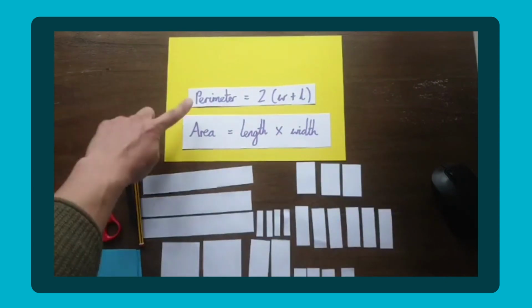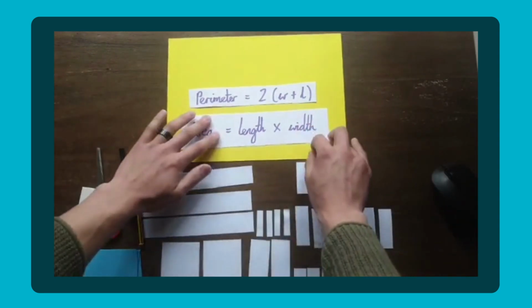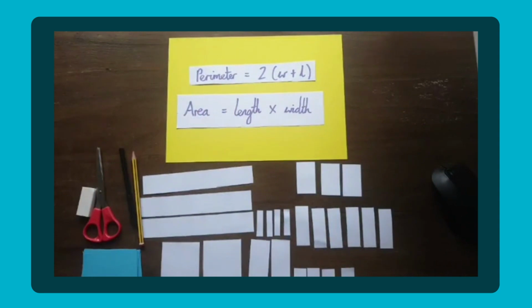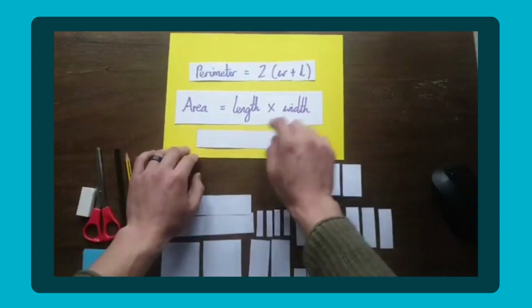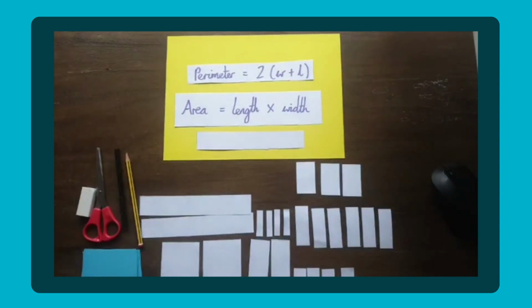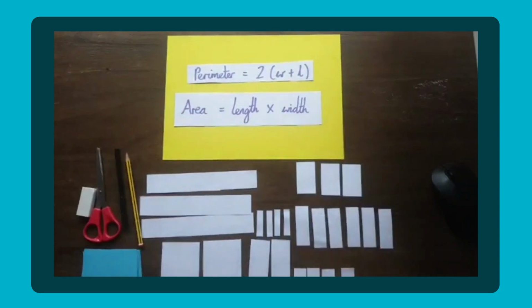Just to recap, the perimeter is the distance on the outside of the shape. The area, on the other hand, is length times width. So if I take a rectangle, it's the length times the width, and that's the area, or the space within the shape.